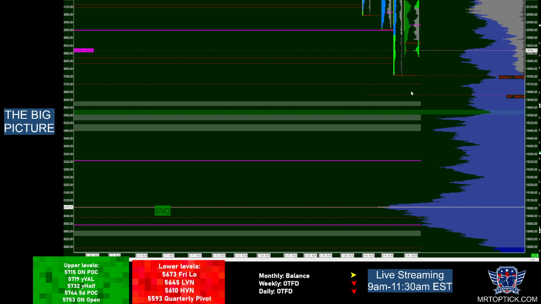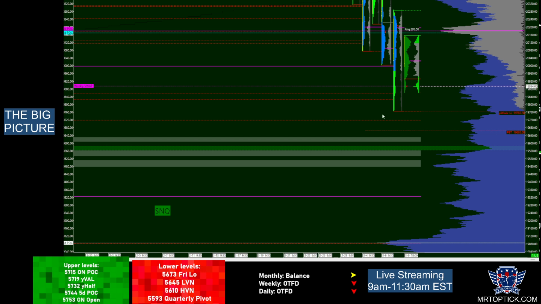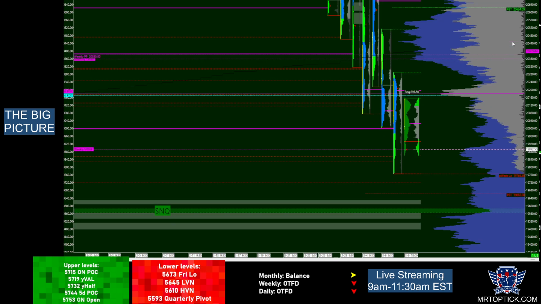That should come pretty quickly if we break Friday's low. I have a target at 19,665 from the bearish imbalance from Thursday, and I have another one up here from the bullish imbalance from Friday. So we have a bullish imbalance and a bearish imbalance.